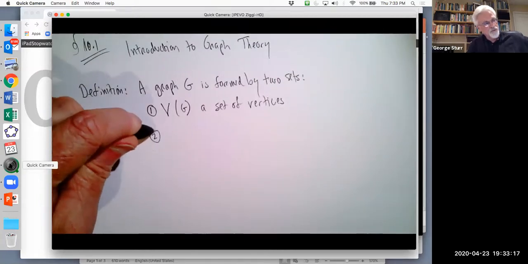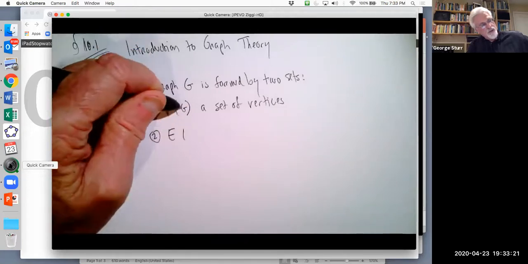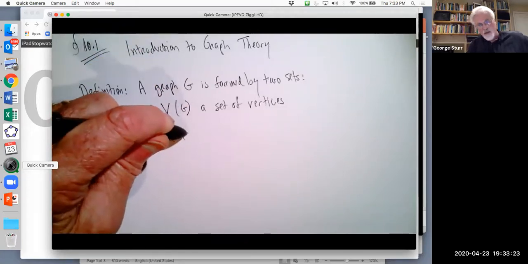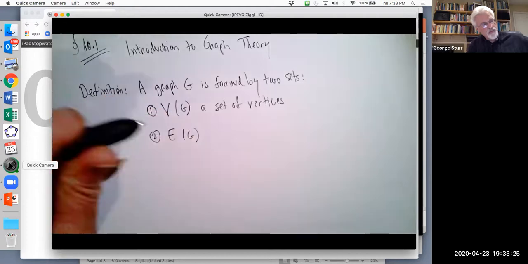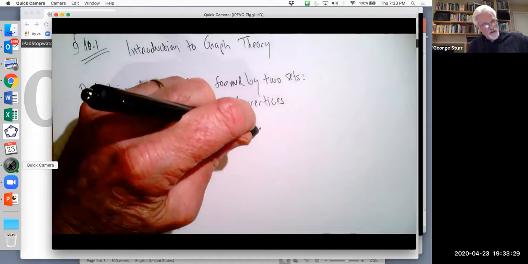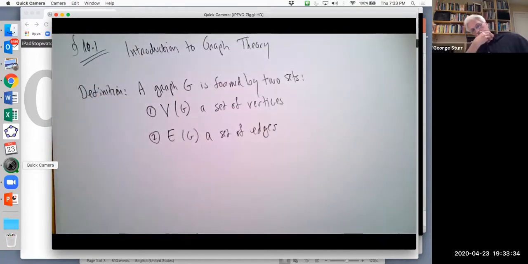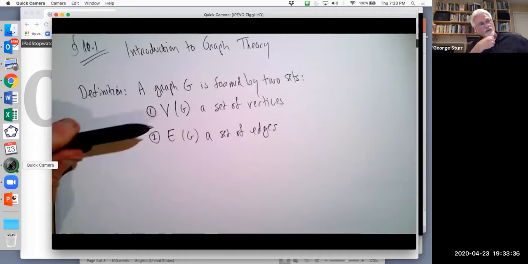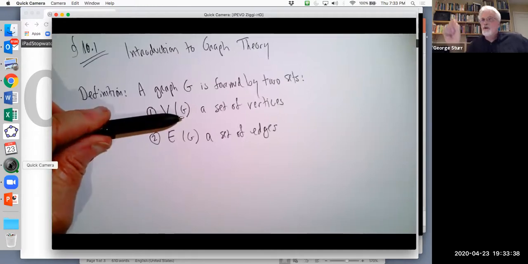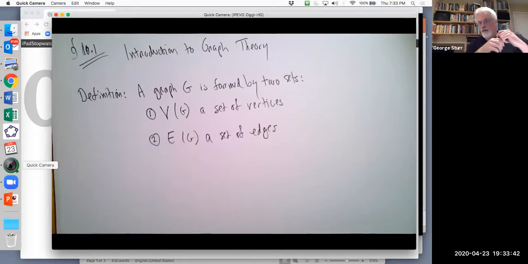And number two, the edge set, E, and this is just the notation here, it doesn't actually mean a function, but E of G, set of edges. Visually, your vertices would be the points that you saw on those examples, and the edges would be the arcs that connect the points.